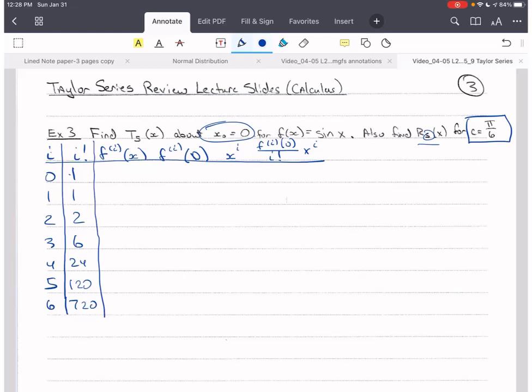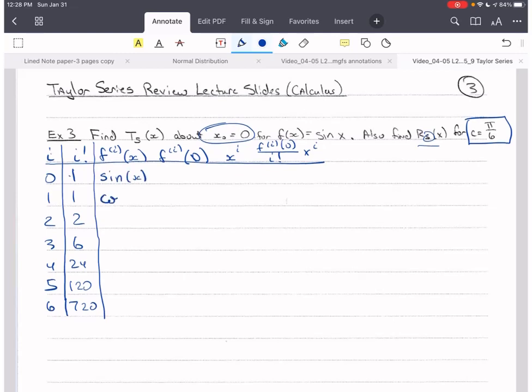And then I have the function itself, that's sine of x. And then I'm going to have cosine of x. And then negative sine of x, negative cosine of x, then positive sine of x, cosine of x. It's repeating, isn't it? Negative sine of x.